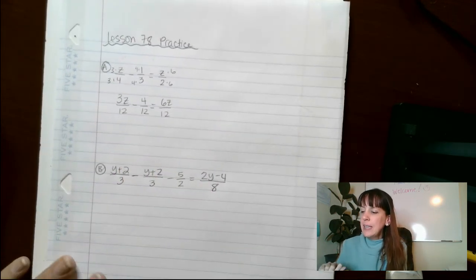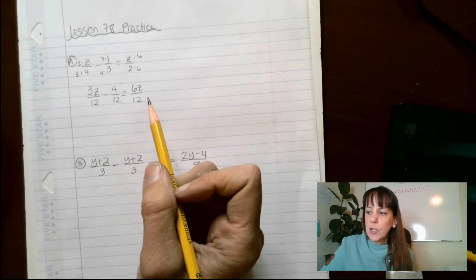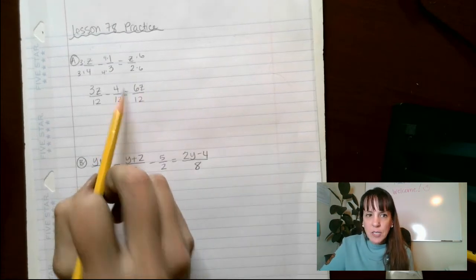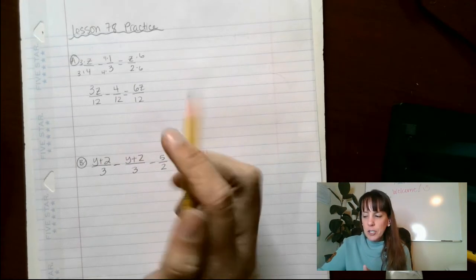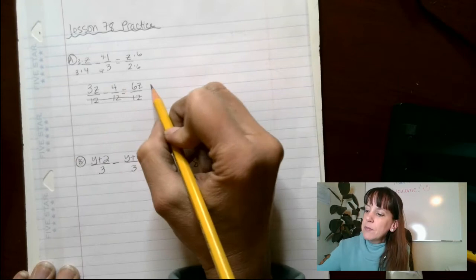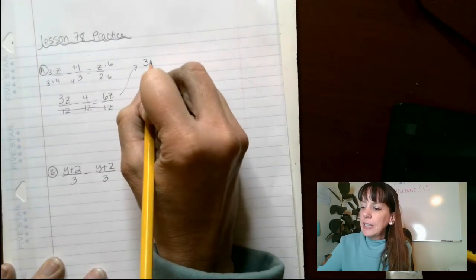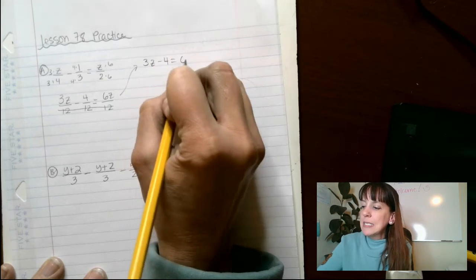All right, with that said, remember, this does not work for expressions, only equations. We have an equal sign, so this is an equation. All of our chunks have the same common denominator, so we can cross that out. That gives me, I'm going to come up here to give me some more room, 3z minus 4 equals 6z.